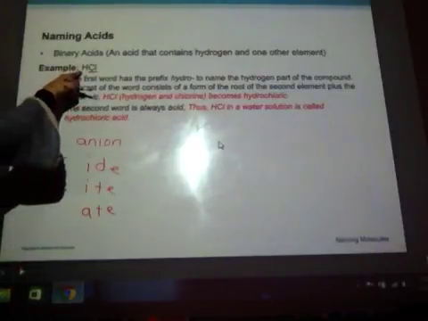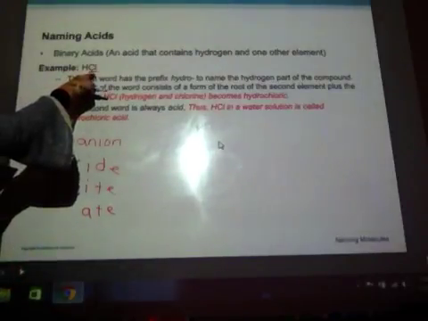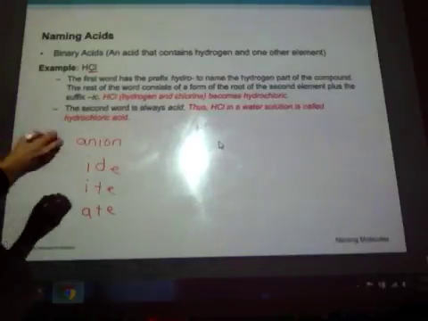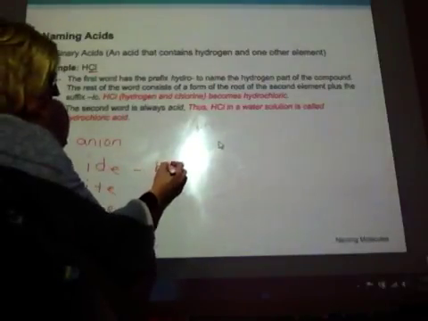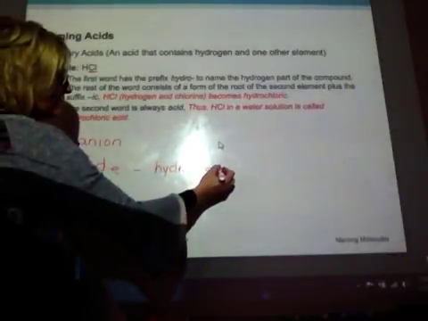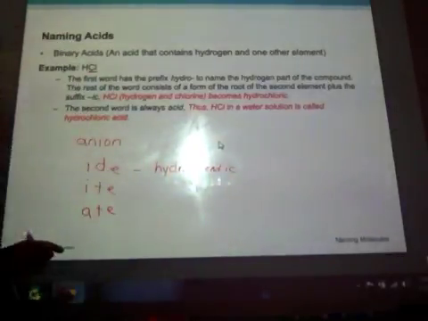So here I'm looking at this. This anion ends with "ide." It is chloride. So if I look at my cheat sheet, if it ends with "ide," I'm going to add a hydro to it, and it will end with "ic."